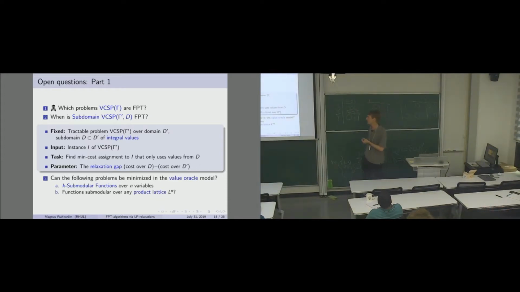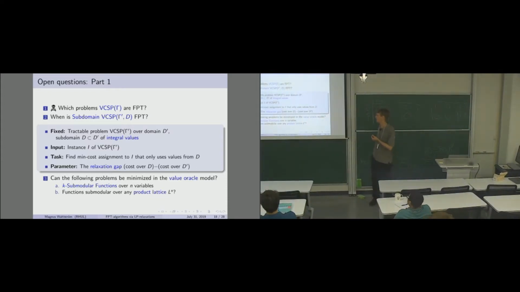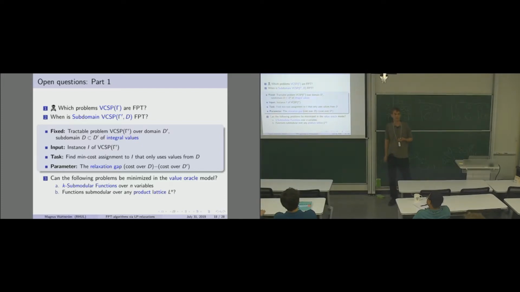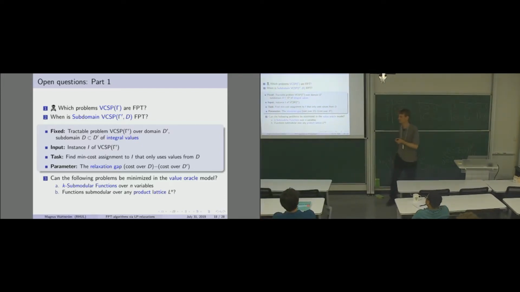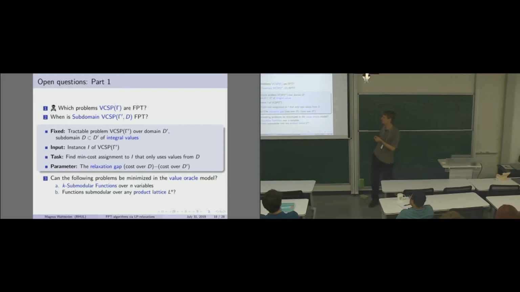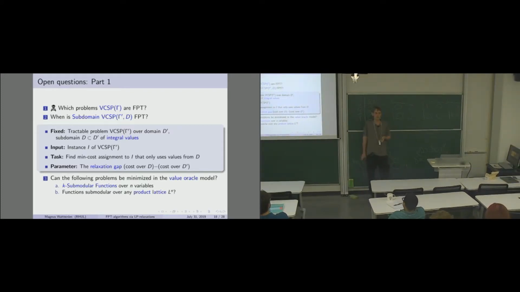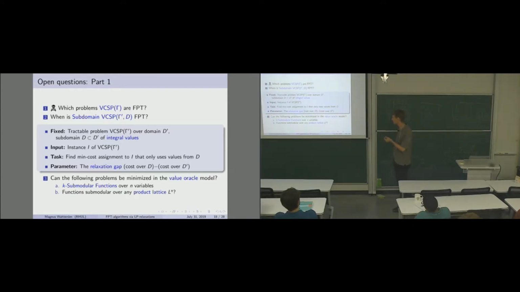The function class is k-submodular functions over n variables. There has been some research on this, but it's definitely incomplete. And the other one is just submodularity, where the domain is any lattice with value oracle access. This is known for a few cases.